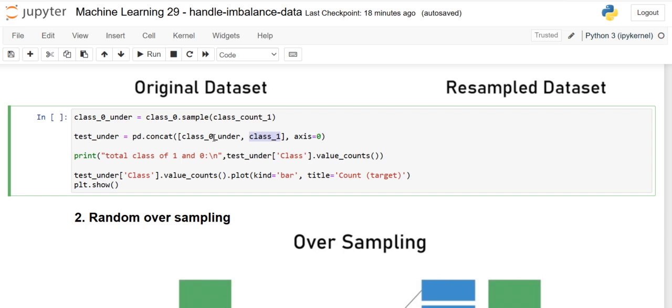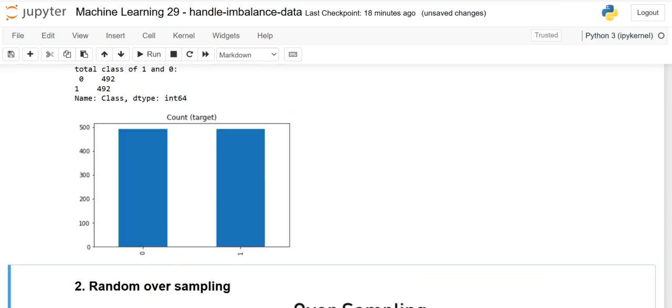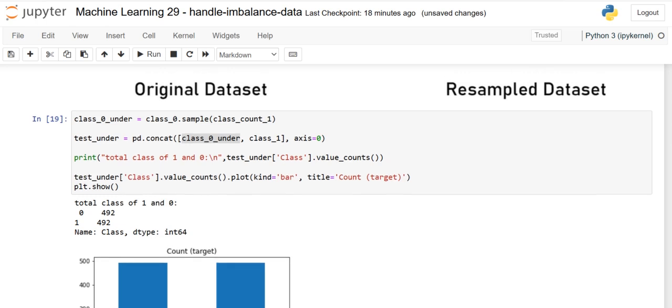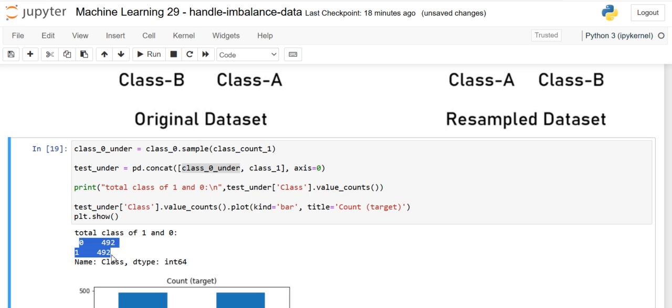Here on undersampling, once after resampling, I am applying the functionality. Let me just have it once again. Kindly observe, dear friends, once after resampling, it is equivalent to class B, which is 492.